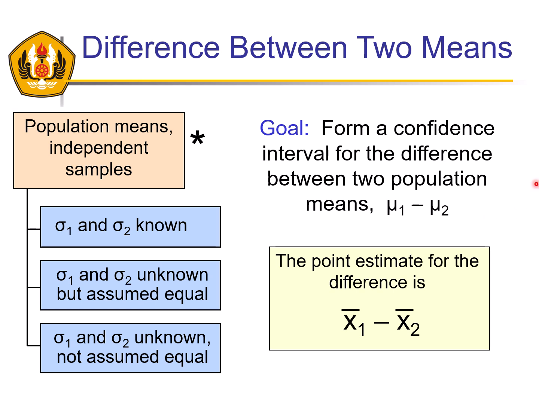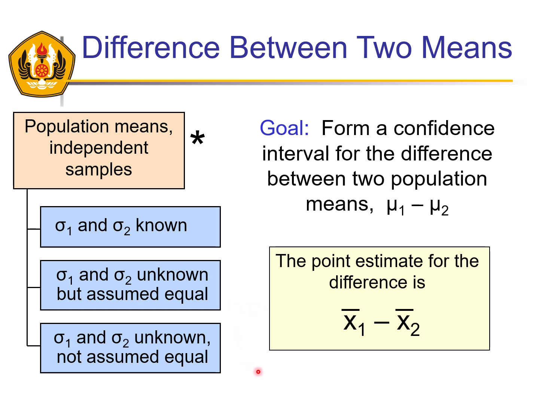If the population means come from independent samples, we can do hypothesis testing based on these conditions. The first condition is that both population standard deviations are known. The second is that both standard deviations are unknown and assumed equal.